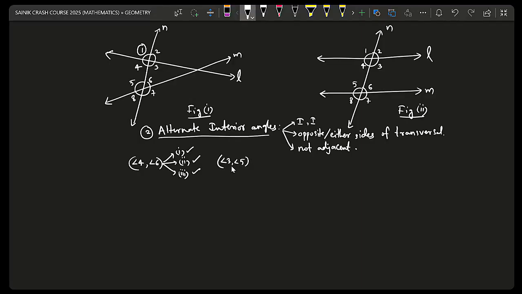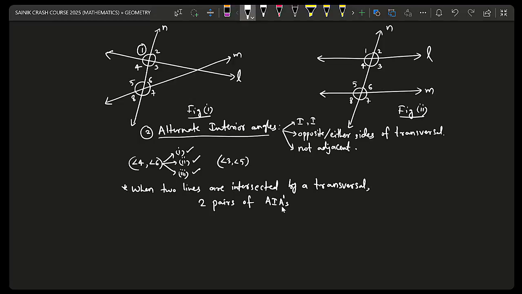Now let's discuss the properties. Similarly, when two lines are intersected by a transversal, how many pairs of alternate interior angles are formed? We can say two pairs, only two pairs, not more than that. Two pairs of, let me write in short form, AIA.